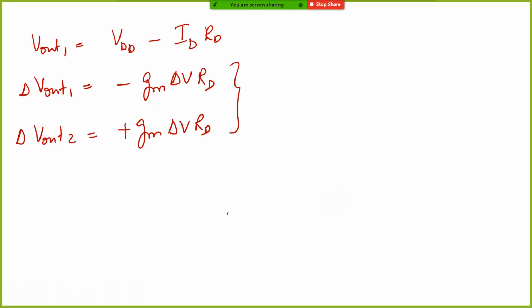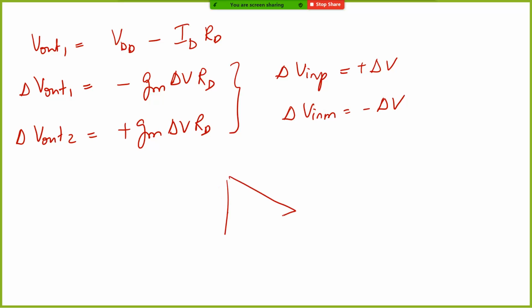So, if you look at the polarity of V in P as plus delta V, and V in M to be minus delta V, and if you say this is going to be my op amp, or an OTA, let's say this is plus and minus, that is, this is V in P, this is V in M. How will you draw the polarity of a differential op amp?